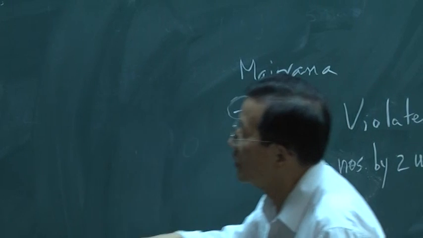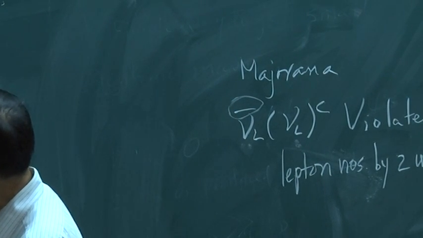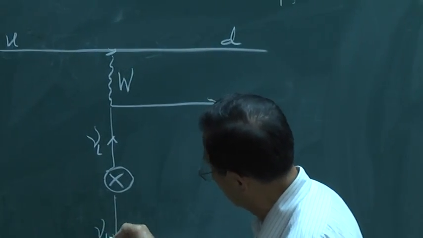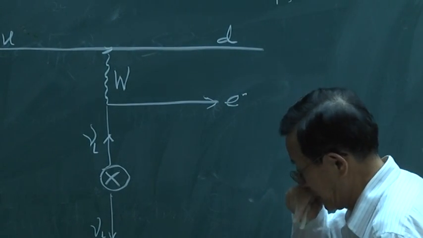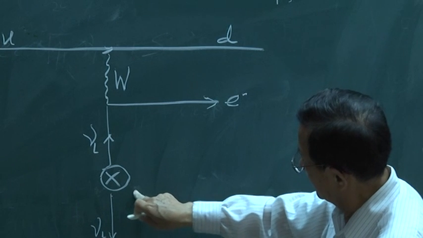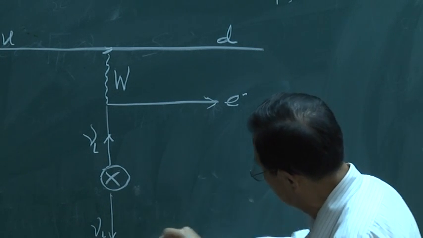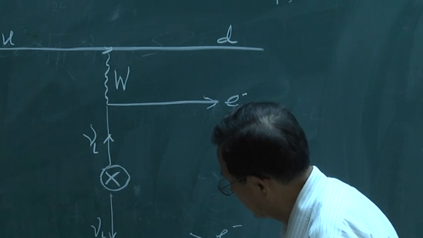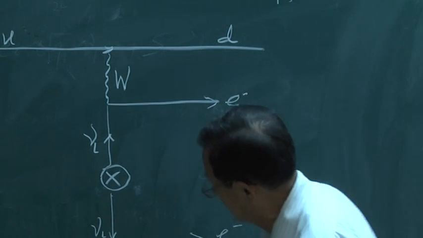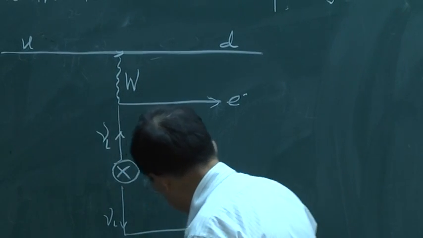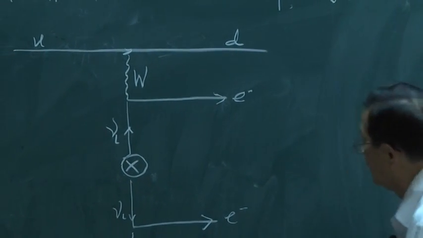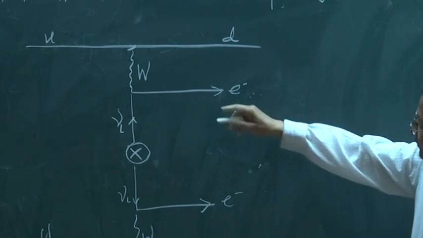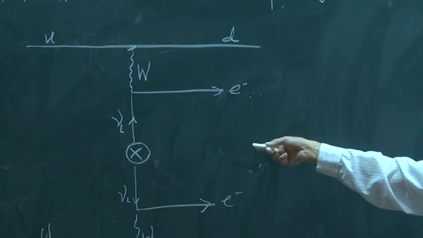So if I have a Majorana mass term here, then the neutrino can come out this way. And this is a neutrino mass electron number violation. Then just here you can get another electron, and then here's another W, and here you have another U quark and here you have D. So you see that in the final state, you see 2 electrons due to weak reaction, but you don't see neutrinos.